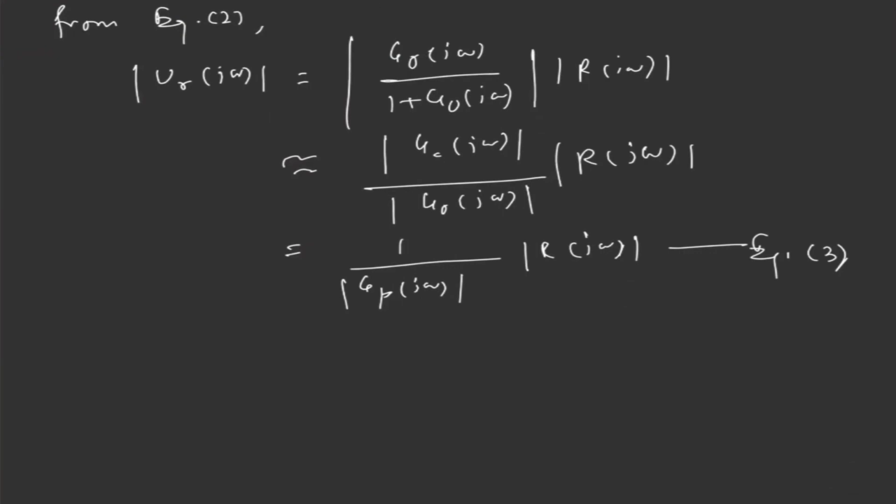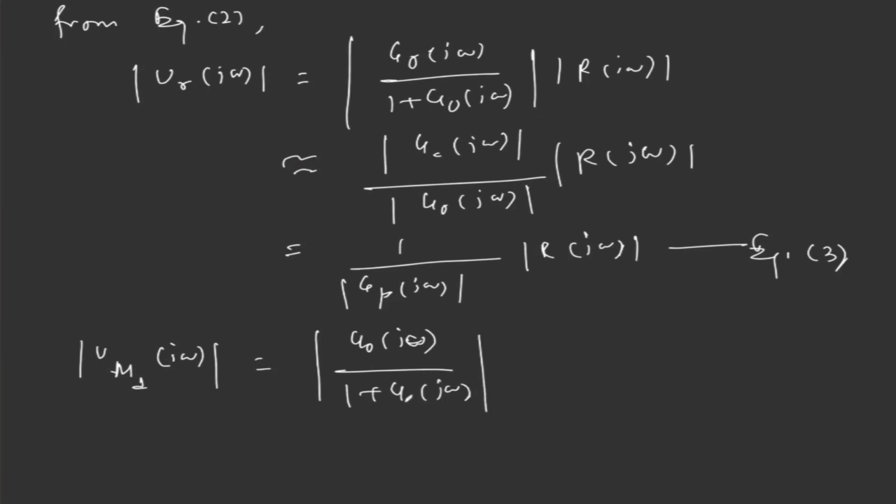And if you write the control effort due to the disturbance, U_MD(jω) equal to G0(jω) divided by 1 plus G0(jω) into MD(jω).